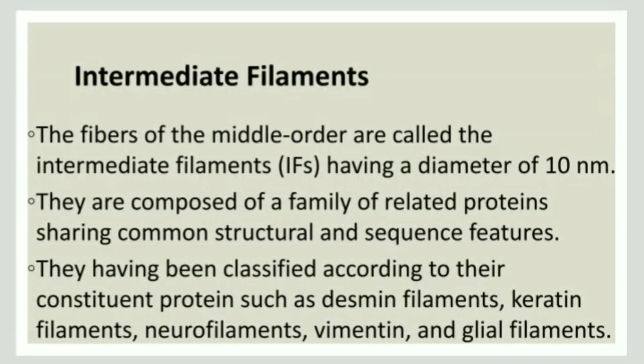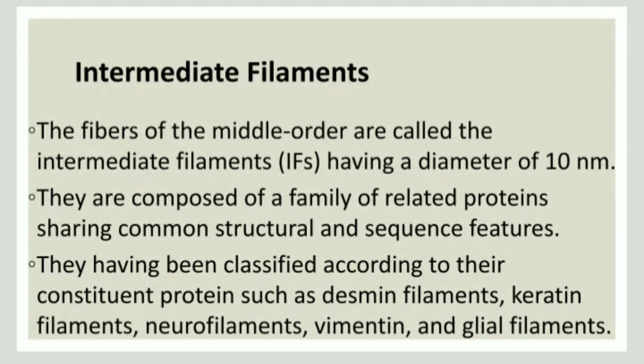And the last is the intermediate filaments. These fibers are middle-order fibers and are known as intermediate filaments. These filaments are not too thick and not too thin, and have a diameter of 10 nanometers.